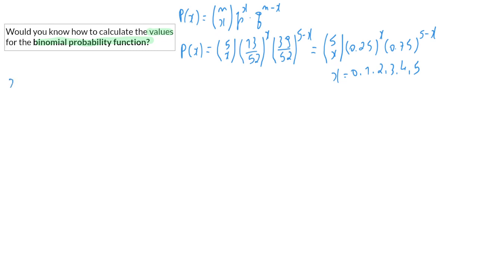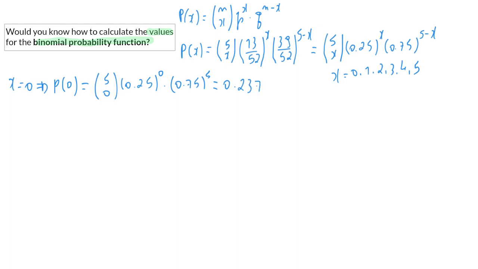X equals 0 implies P of 0 equals the binomial coefficient times 0.25 to the power of 0 times 0.75 to the power of 5 equals 0.2373.